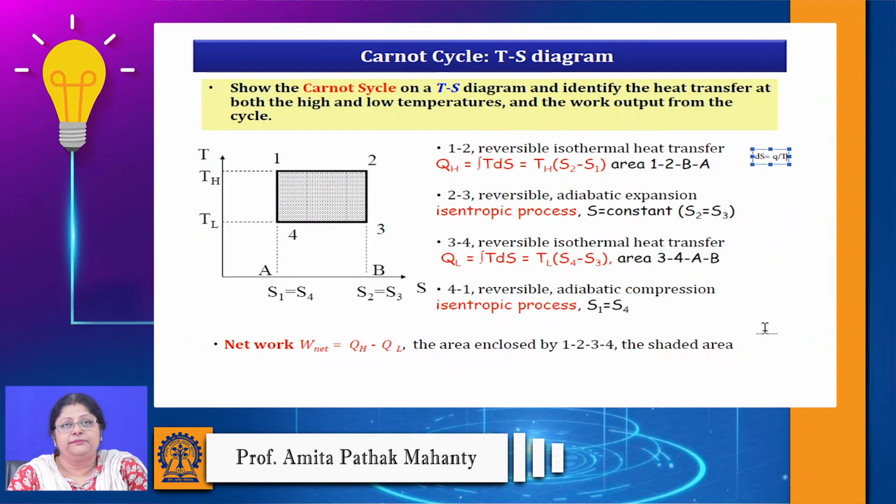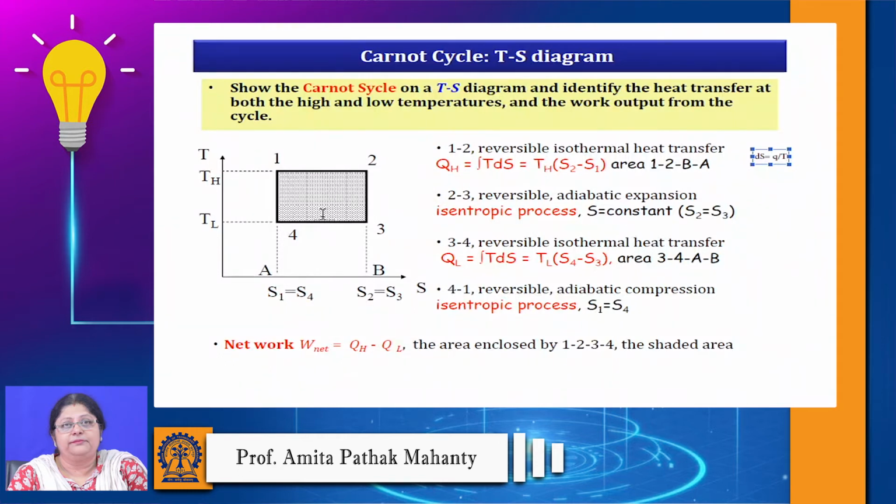Now the final step is a reversible adiabatic compression, and adiabatic compression means the entropy does not change. So you will have a constant line. S1 is equal to S4, and so S2 is equal to S3. If I join the lines, I get an area, and this area is the net work delivered by the system in the Carnot cycle.